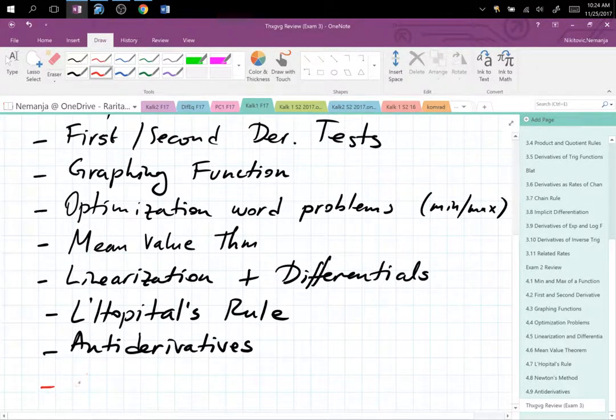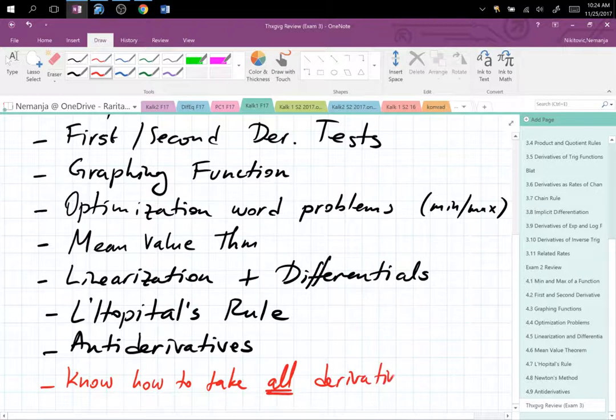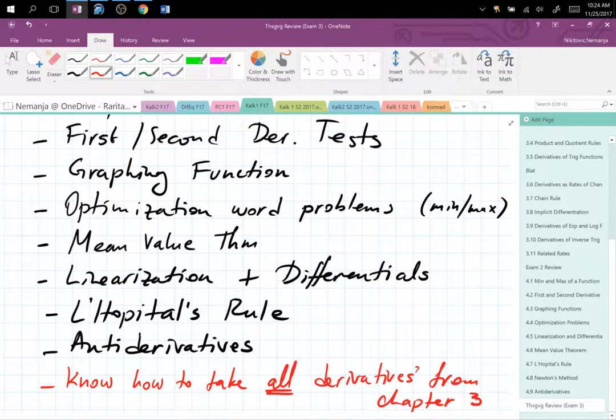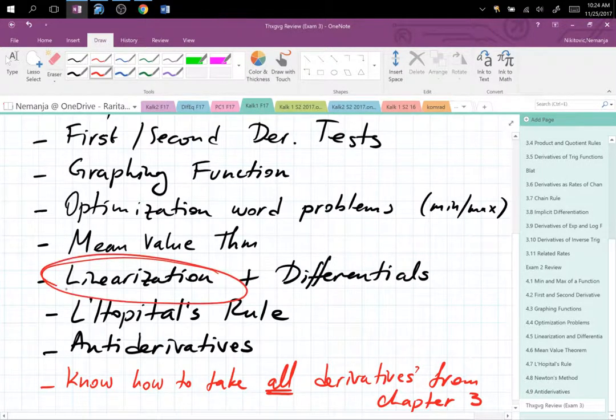And I'll write in blood here: know how to take all derivatives from chapter 3. That includes product rule, quotient rule, basic, chain rule, implicit, and everything else. Where I say linearization, this is your tangent line.